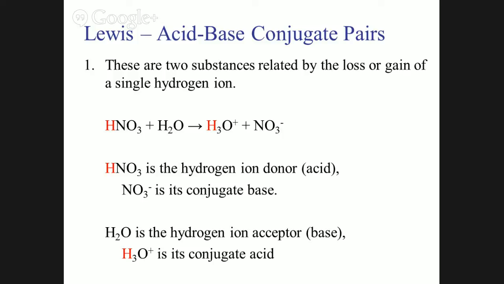And so we have our acid and base on the one side, but we have what are called the conjugate acid and base on the other. If we were thinking in terms of a reverse reaction, in other words, the two ions coming back together to reform the nitric acid and water that they originally were. So they always act in these pairs.